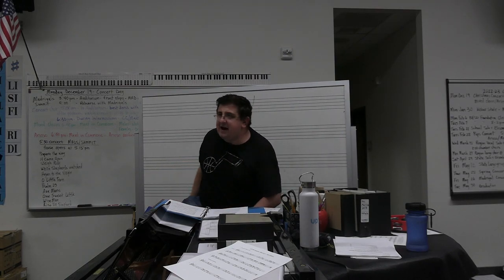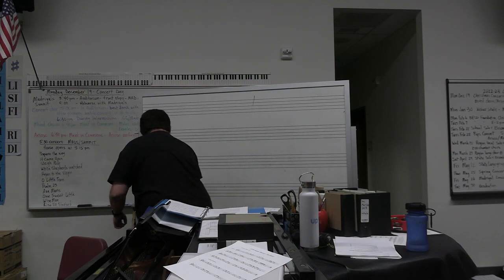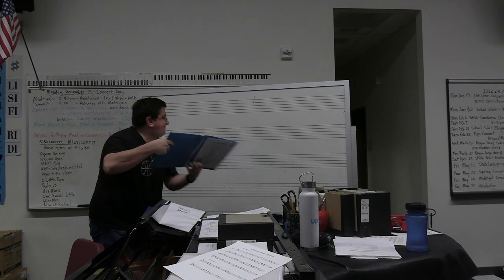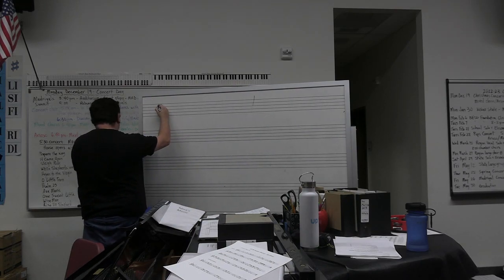I'm trying to speak kind of like day 1. I know a lot of you are already past that. Okay, so D is do, E is re, F sharp is mi. Okay? So go through and see if you can label all of these note names. Maybe I should do the first one, huh?